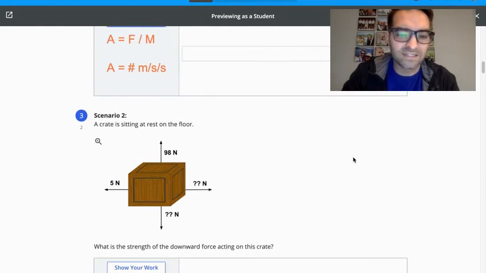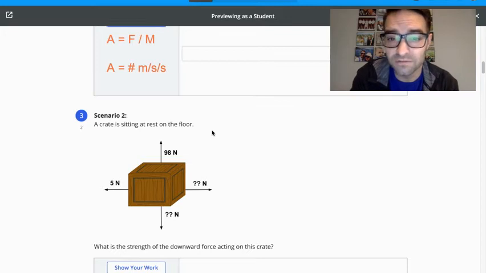Now looking at this, thinking about net force, the crate is now sitting at rest on the floor. The important part of that is that all the forces are balanced. Because there's no motion, there's a zero net force.